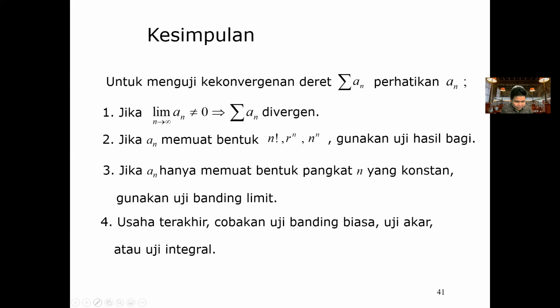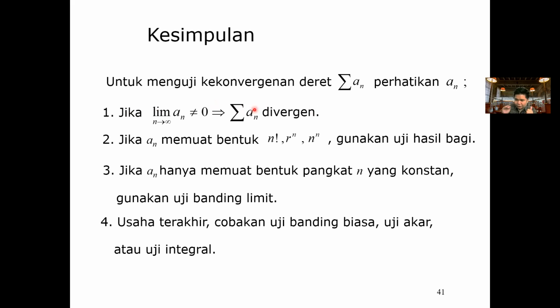I will use a laser pointer to discuss the convergence of this series. We can take a look at the element itself, a_n. The first conclusion: if the limit of a_n is not zero, then the series is divergent, or not convergent.